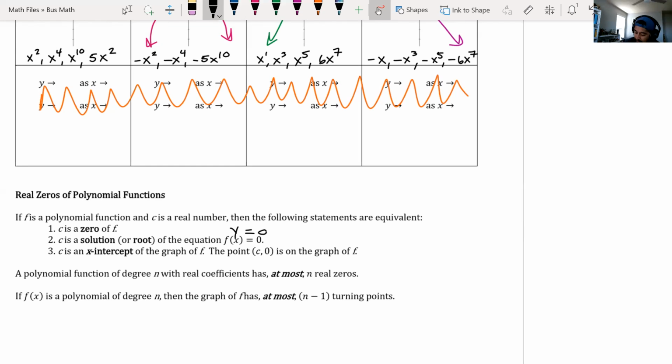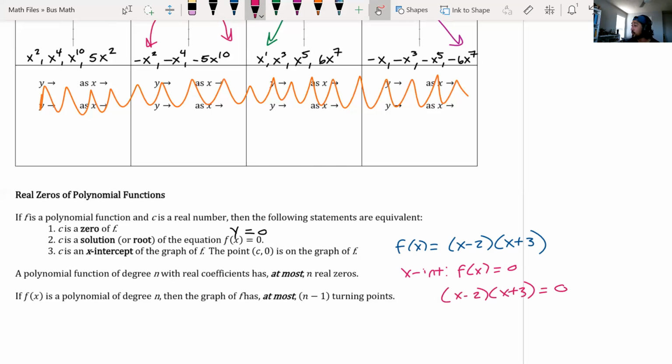So if I gave an example function of that, if I said f of x equaled (x minus 2) times (x plus 3), then I said find the x-intercepts, you would take f of x or y and set it equal to 0. And you would take x minus 2 and x plus 3, set them equal to 0, and solve for x.